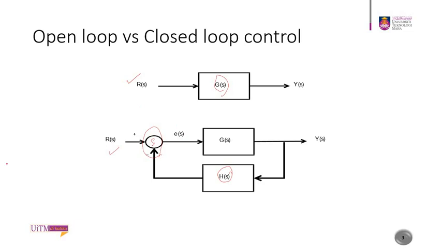Example: the output of the system is G times the error.